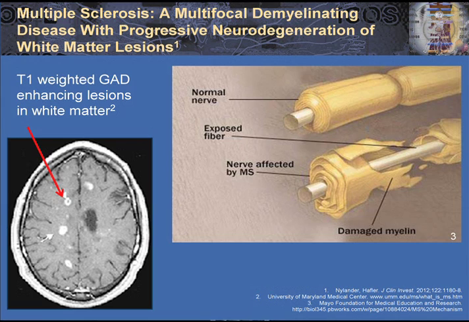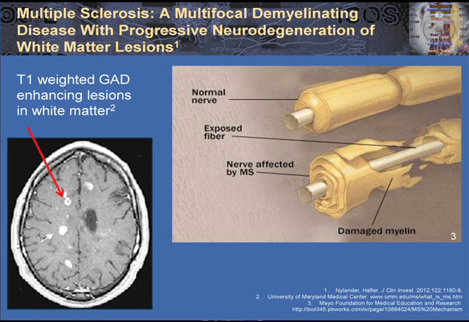At left we see a very classical magnetic resonance imaging study using gadolinium enhancing dye, and we can see these white lesions that are shown in the middle. These are T1 weighted GAD enhancing lesions in the white matter, very characteristic for demyelinating disorders.